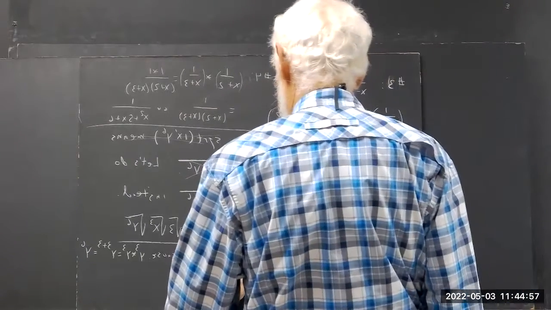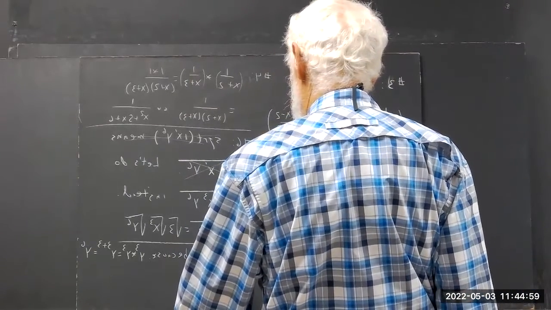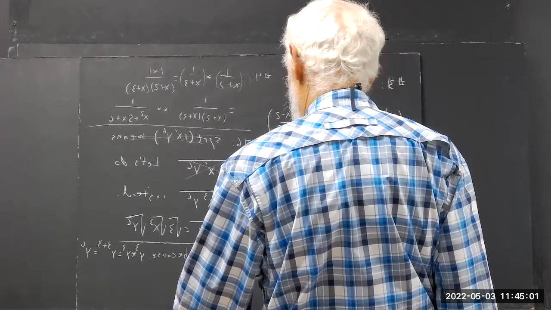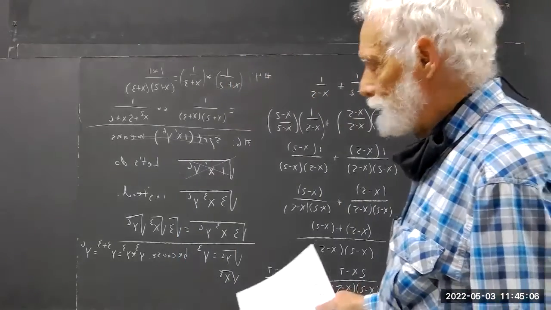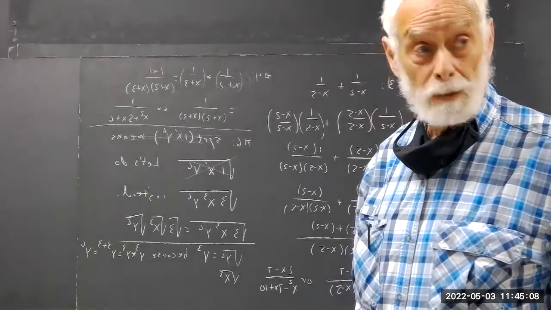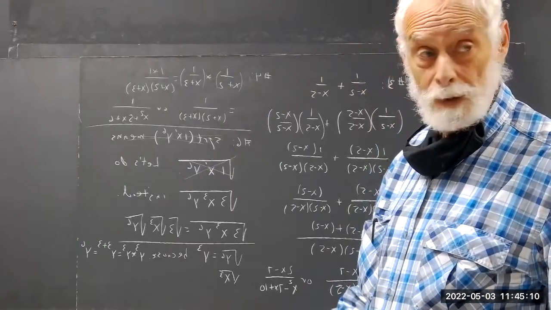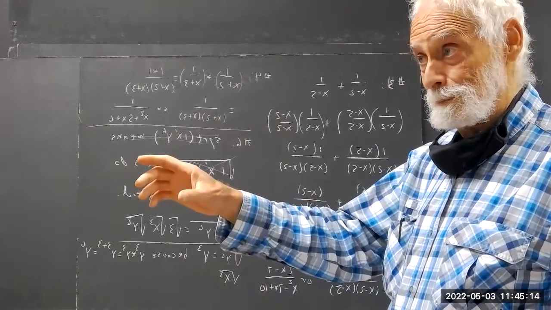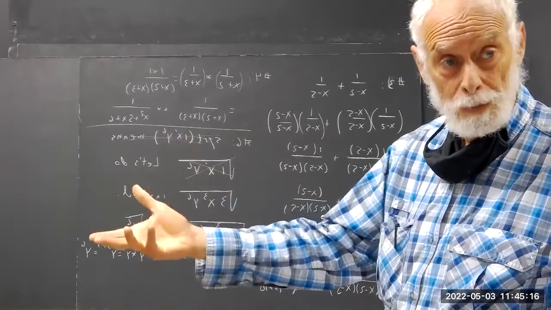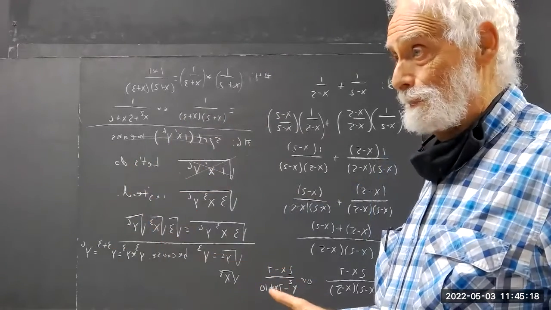Now, the square root of x cubed, we could say that's x to the 3 halves, because x to the 3 halves times x to the 3 halves would be x to the 3 halves plus 3 halves, which is 3. But we're not going to do that.